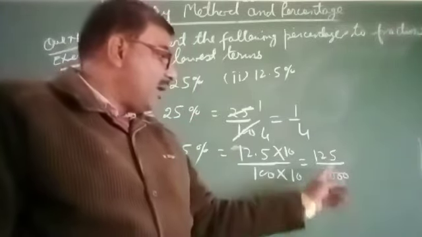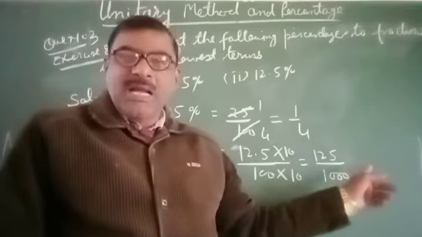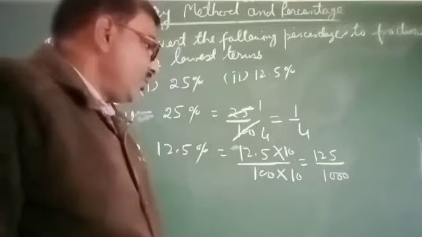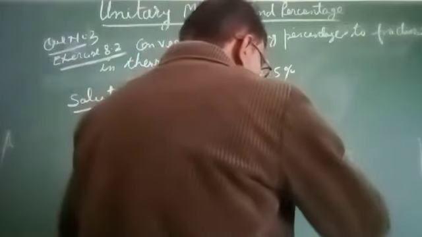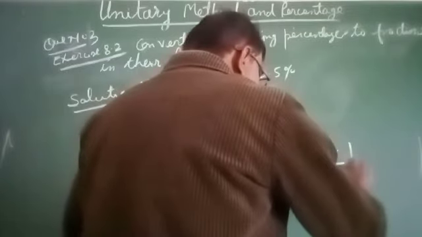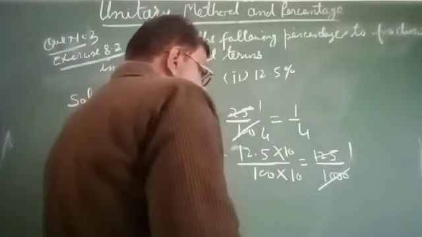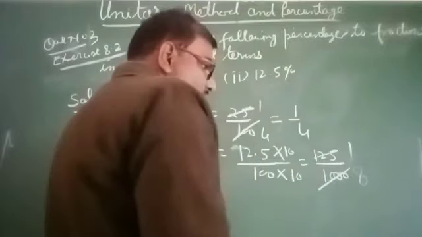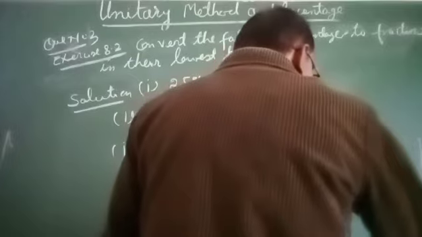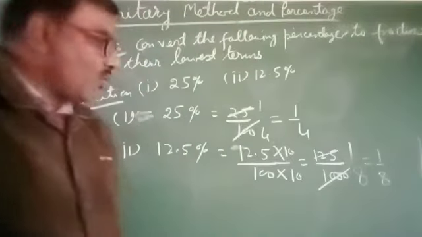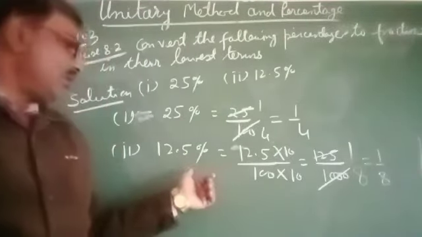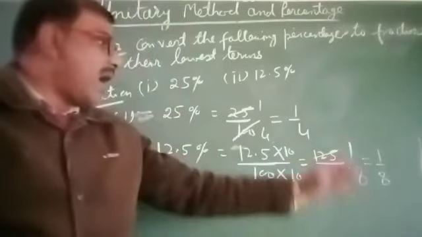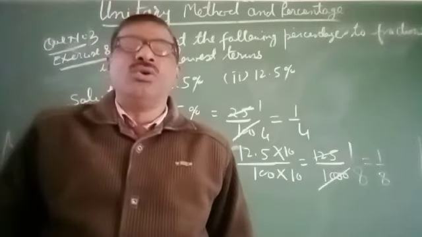Then I will divide 125 by 125 and 1000 by 125. So it will be equal to 1 by 8. So 12.5% will be equal to 1 by 8. So dear students, I hope that this is clear to you.